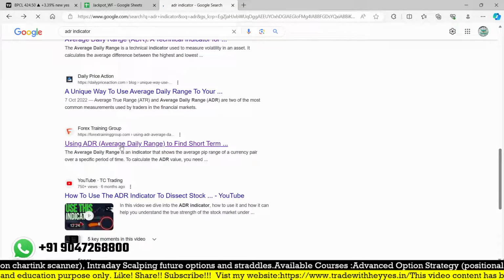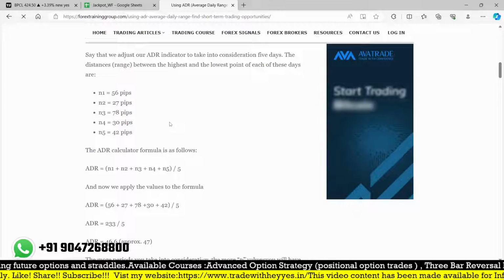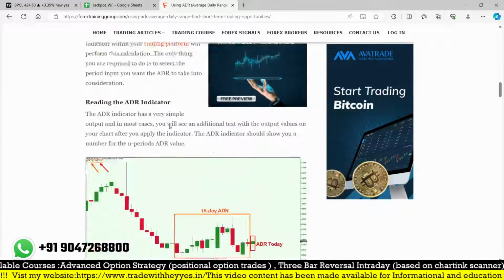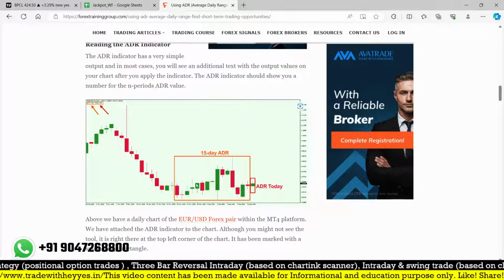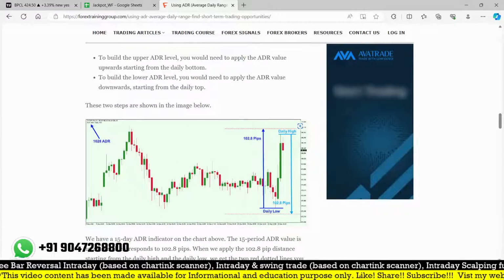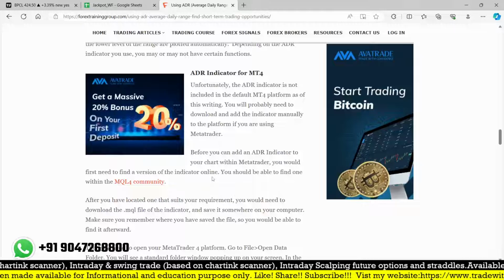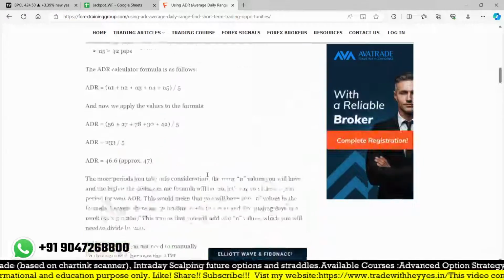Only a few videos are available, and also a few articles. So this is the formula we are trying for creating in our TradingView chart. Looks like a 15 days ADR, and ADR today, something like breakout and trend reversal. Both we can try for this, and if it works, we will use this indicator for our intraday breakout trading also.